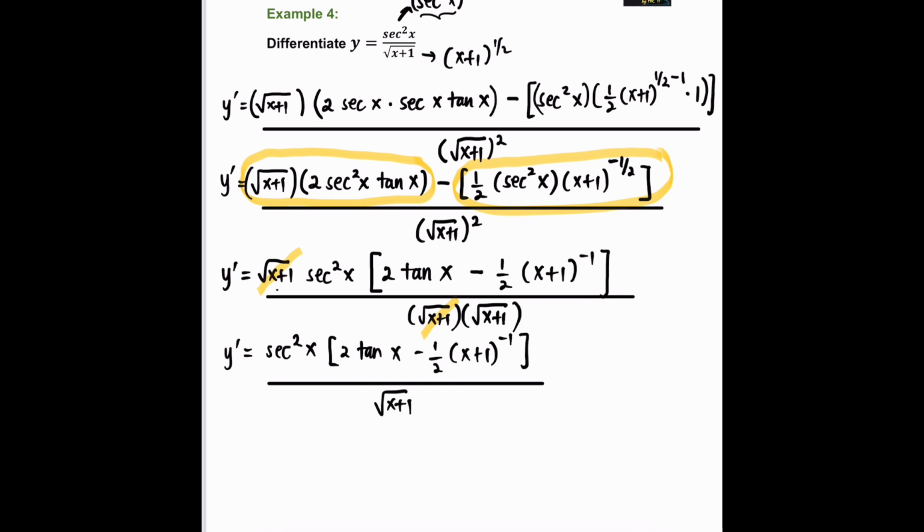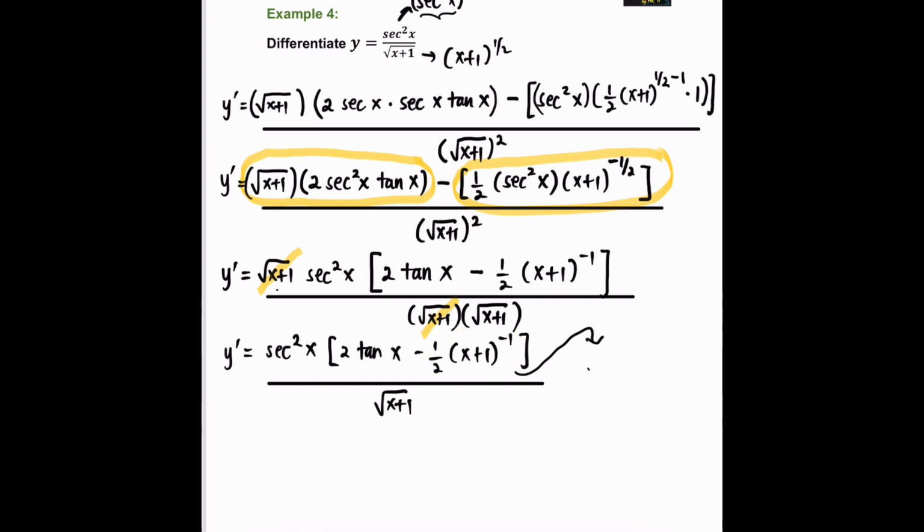The next thing we need to do is to simplify what's inside this bracket. So I will write the simplification here. When I mean simplify, we can rewrite this whole thing as a single fraction. And by just looking at it, definitely this part needs to be rewritten.